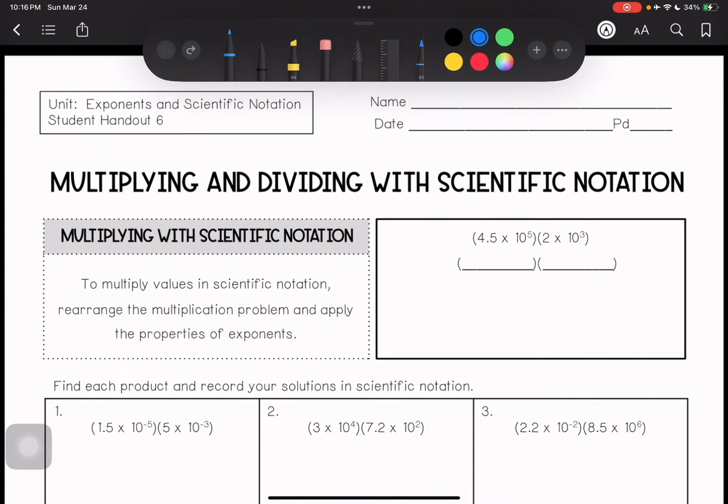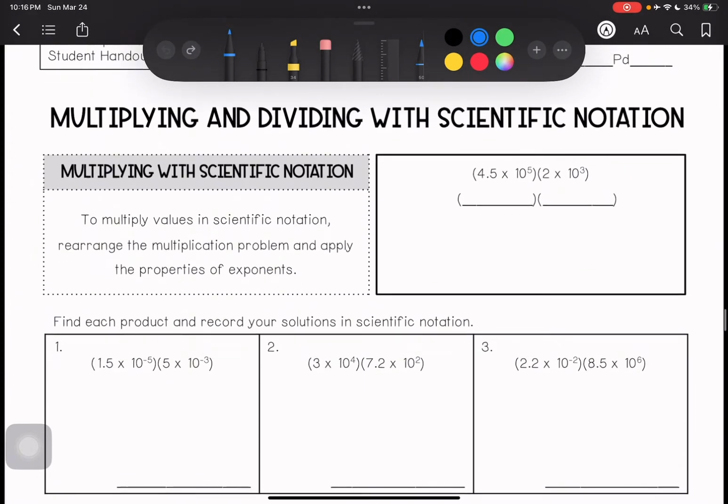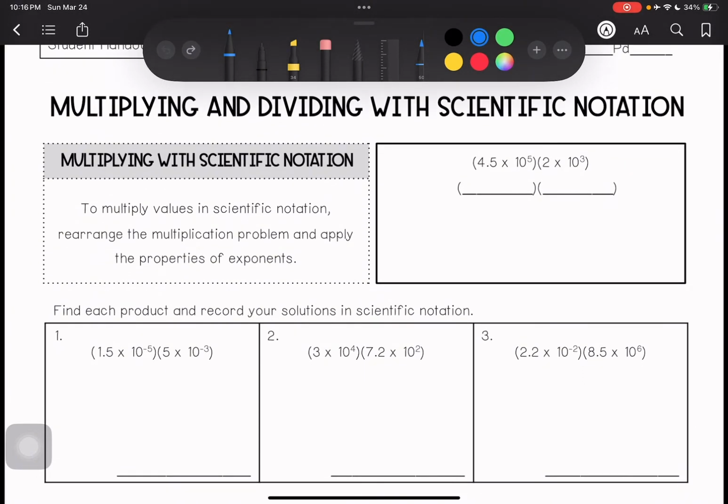Multiplying with scientific notation. To multiply values in scientific notation, you want to rearrange the multiplication problem and apply the properties of exponents. Rearranging means you're going to put all of your constants together.